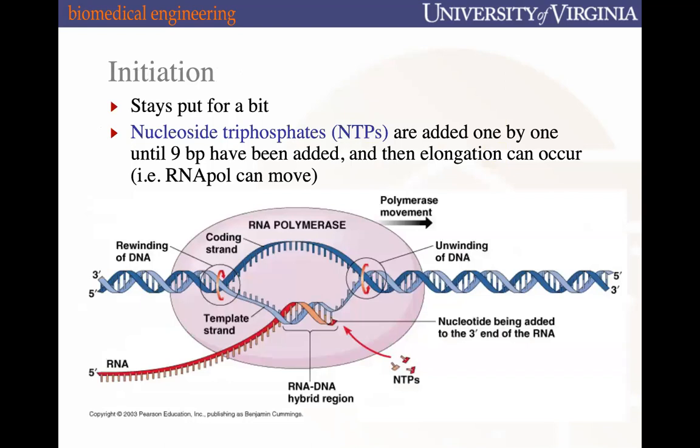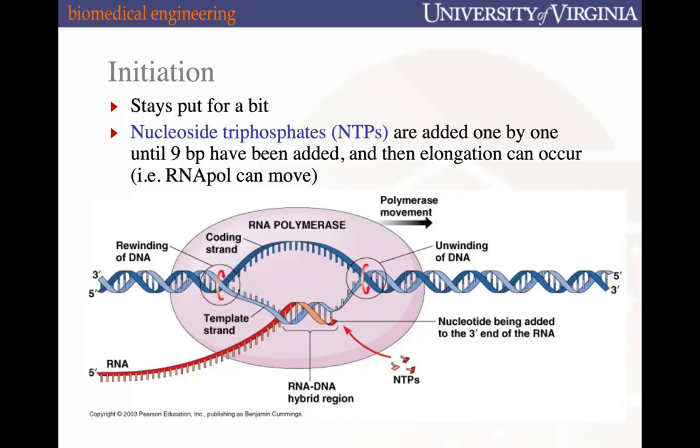When RNA polymerase binds to the DNA, it's going to stay for a little bit. As it binds to and docks on the DNA, at the site where transcription is being initiated, the first 9 to 10 base pairs are being transcribed, using the ribonucleoside triphosphates as the monomers to create the mRNA transcript.